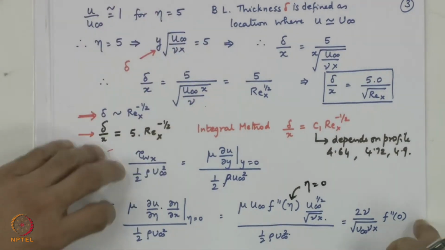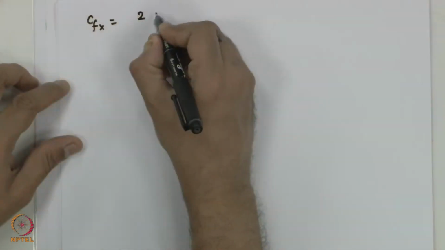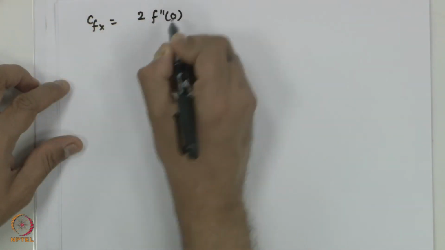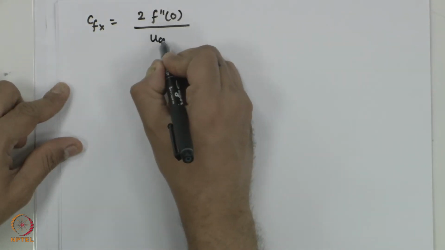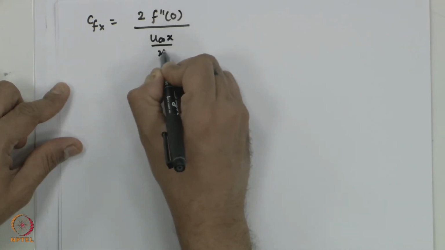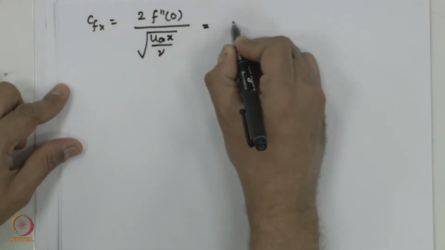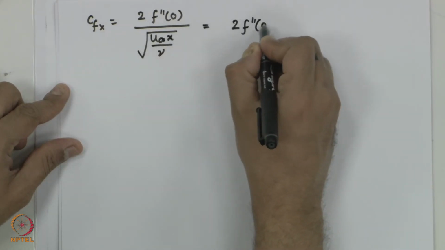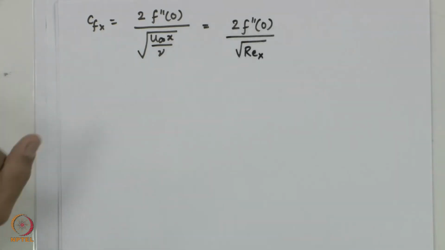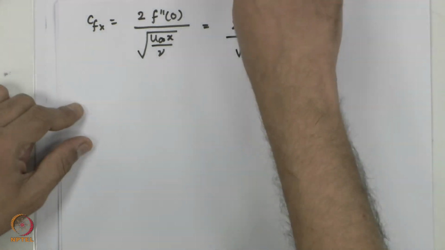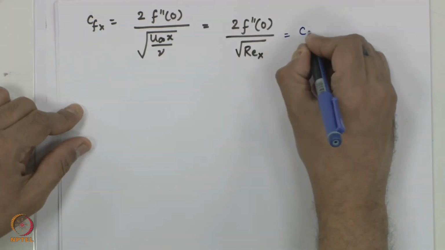So, this is 2 nu by u infinity times root of u infinity by nu x, and if I just simplify this one more step, Cf x is equal to 2 f double prime of 0 divided by root of u infinity x by nu, which is nothing but 2 f double prime of 0 divided by Re x to the power half. Coefficient of friction is this expression.